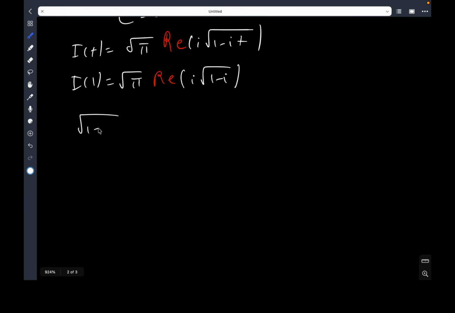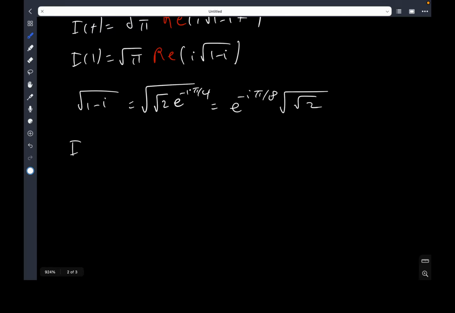Now, root 1 minus i, square root of it, can be written in terms of complex numbers as root of root 2 e to the negative i pi over 4. And if I move this out, it's going to be e to the negative i pi over 8 root of root 2.